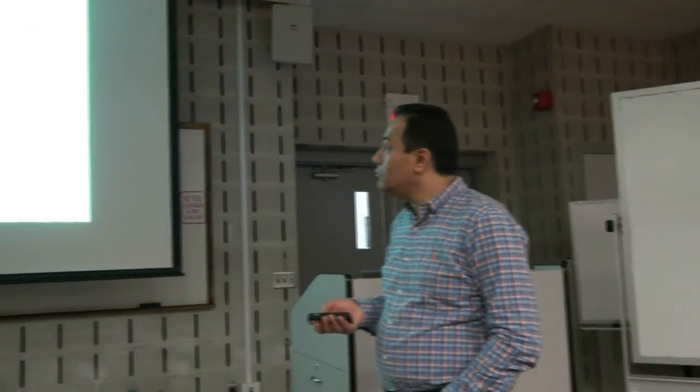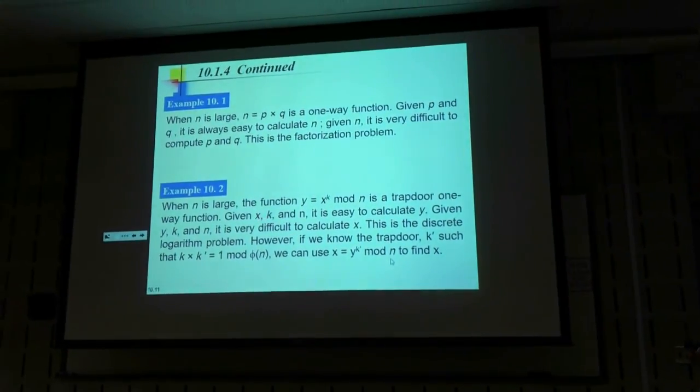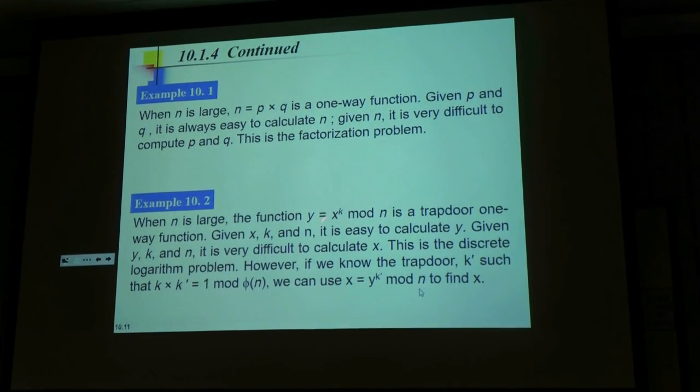All right. So when n is large, here is another example. The function y equals x to the power k mod n is a trapdoor one-way function. So this is a one-way function. This is a trapdoor one-way function. Why?